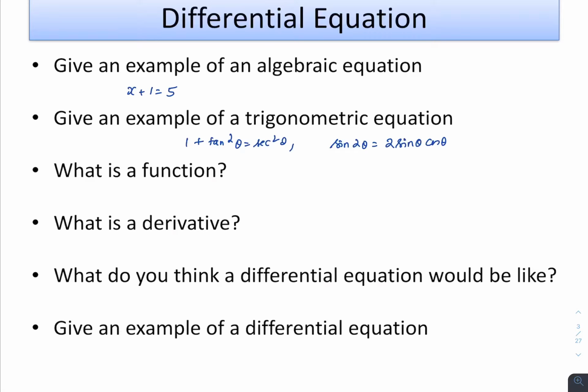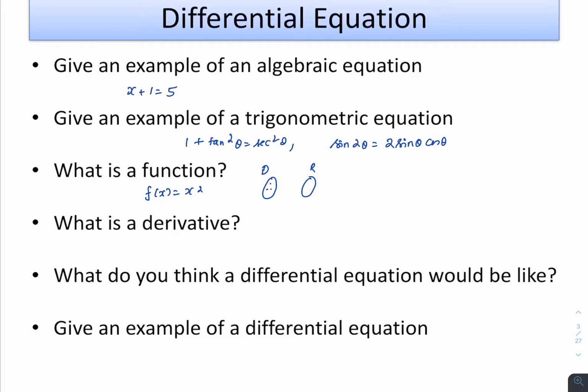So what's a function? We all know what a function is, right? A function is a mapping between two sets. So if we write f of x is equal to x squared, you basically have a domain and a range. This is your domain and this is your range or codomain.